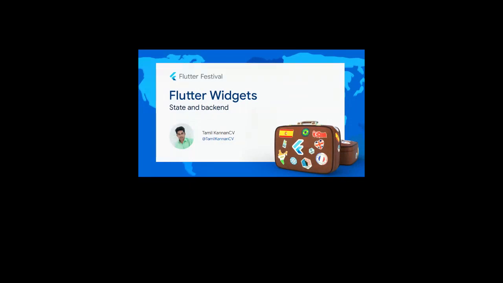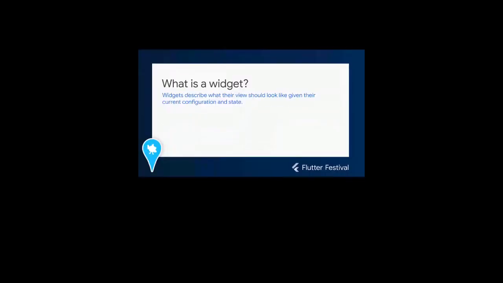We can say widgets are the basic building blocks of a Flutter application. Basic building blocks in the sense that whatever we see in an application, we refer to as a widget. Take for example WhatsApp. We can see the name WhatsApp in that application.